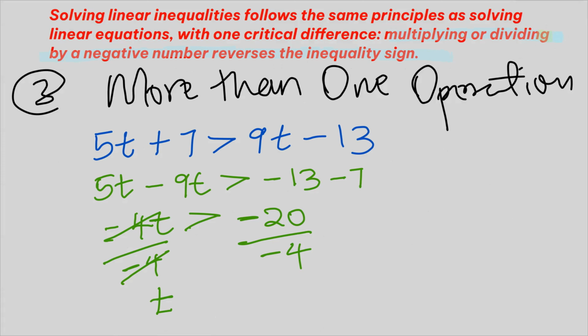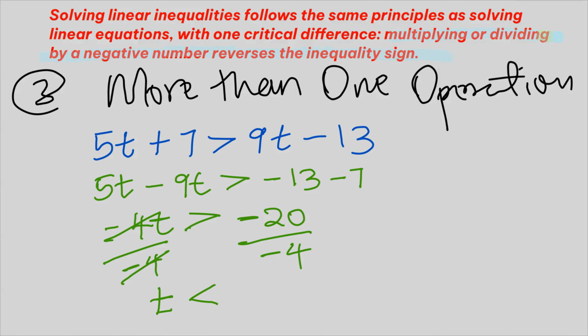Now for the sign, I want you to be careful with the sign, because we are dividing by a negative number. We are going to flip our sign. We are going to reverse it. It was greater than, but now because we are dividing by a negative number, we are going to reverse this to less than.